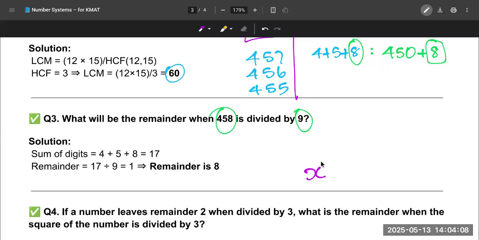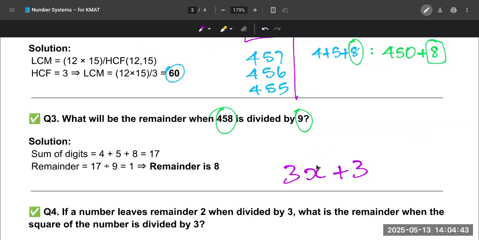What does that mean? x divided by 3. No, that's not how you do it. 3x plus 3 is what you should write.